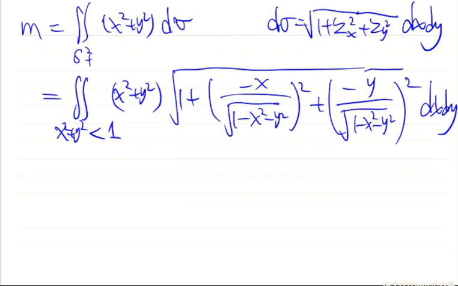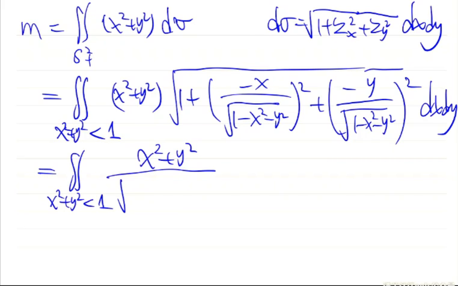So this can be simplified, over x squared plus y squared less than 1. After simplification, this becomes x squared plus y squared over the square root of 1 minus x squared minus y squared, dx dy.